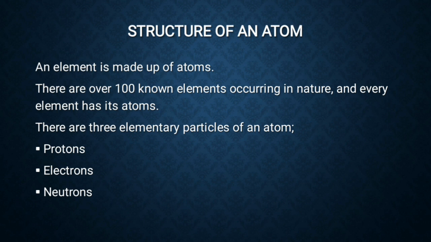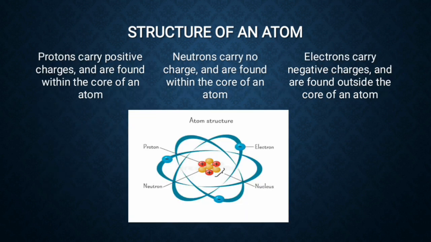Gold is an element that has gold atoms. Silver is an element that has silver atoms. Another thing to take note of is that there are three elementary particles that make up an atom: protons, electrons, and neutrons.